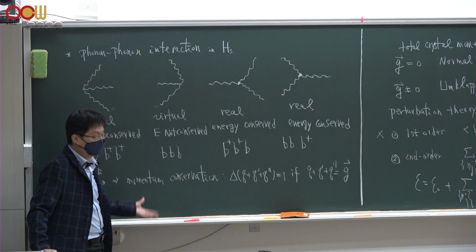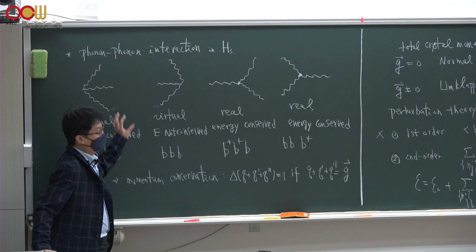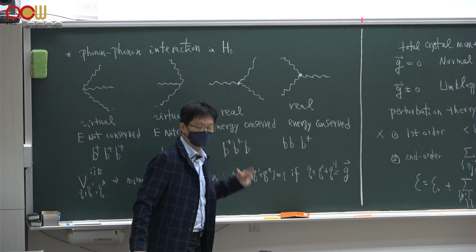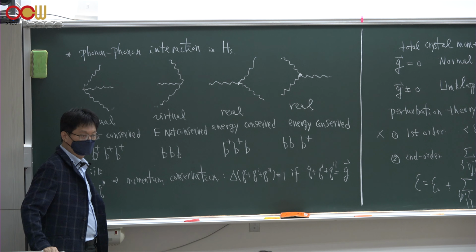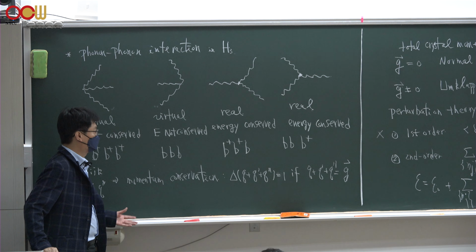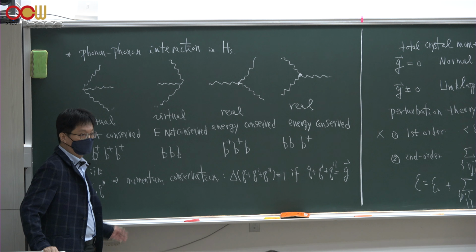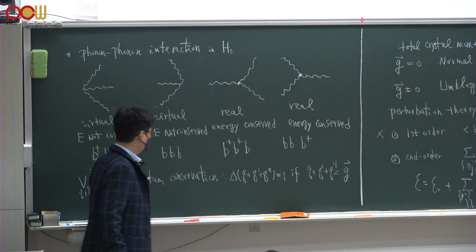So they can happen in real physical processes. But we can go to higher order in H3 to combine these virtual or real processes into four different real higher order processes that we will discuss in just a moment. To discuss these processes, we need to conserve the momentum.